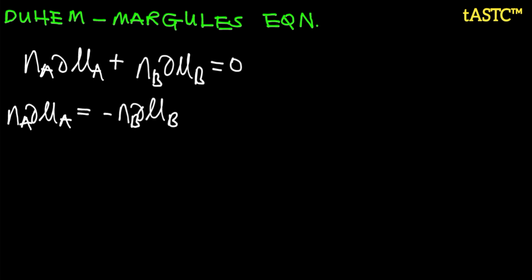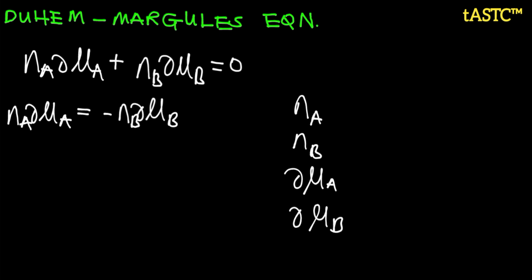Now the question is, what is N sub A? What is N sub B also? And d mu A and d mu B, what are they? N is the number of moles of the constituent which exists within that particular ideal solution. So let us say you have an ideal solution within this container and it's made up of two components, A and B. Obviously you are going to have the amount of the first component as well as the second.